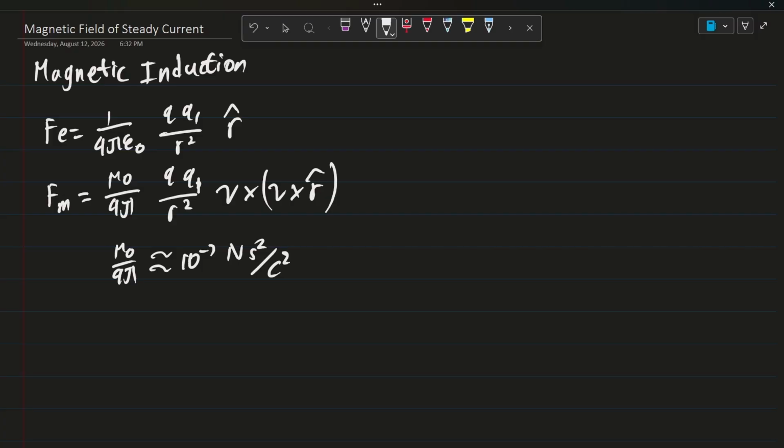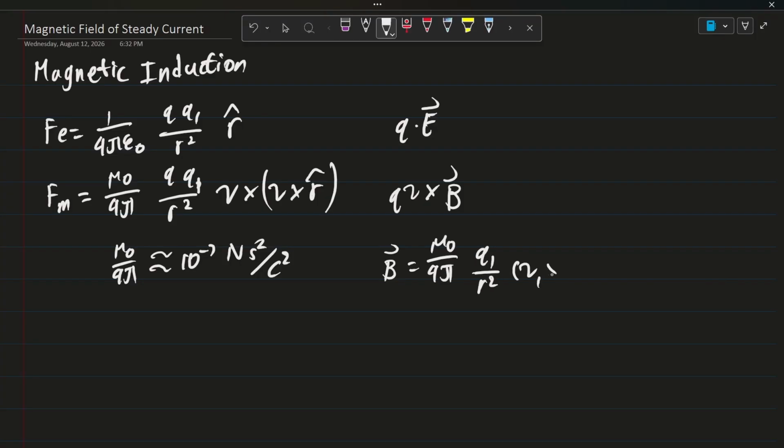If you try to use the same idea as in electrostatics, where instead of using this formula you define the force to be Q times the electric field, you could also do the same thing for the magnetic field. You define it to be QV cross the magnetic induction, where the magnetic induction is defined to be mu 0 over 4 pi q1 over r squared v1 cross r hat.